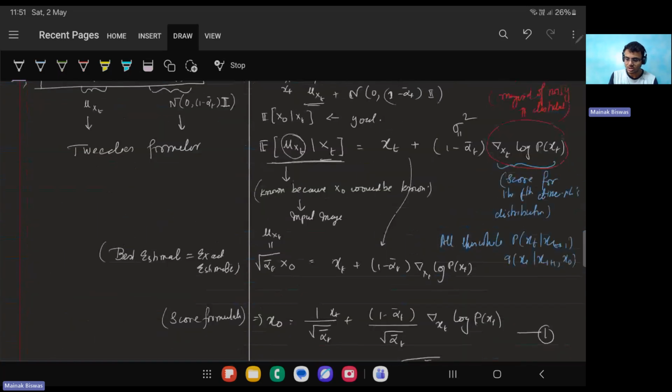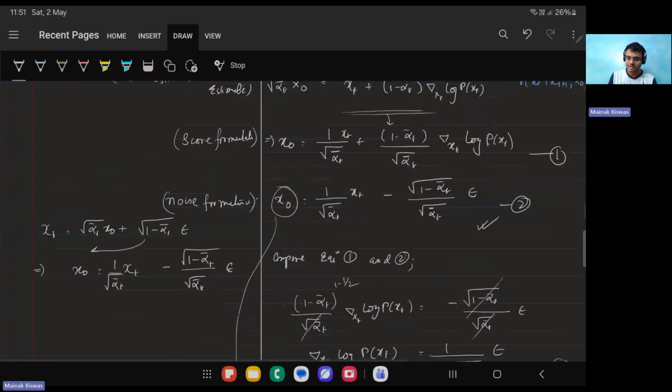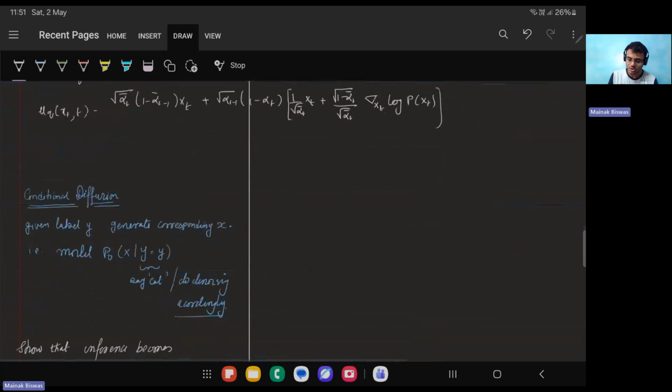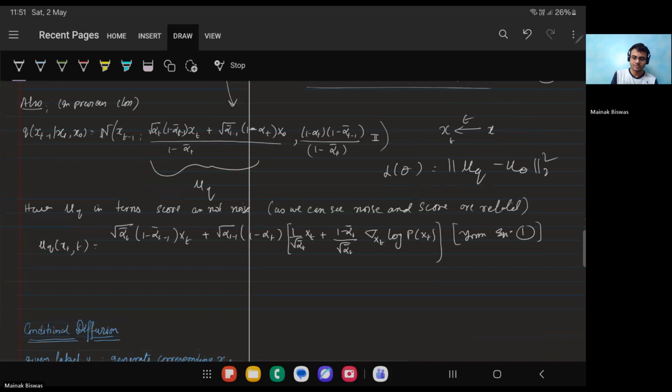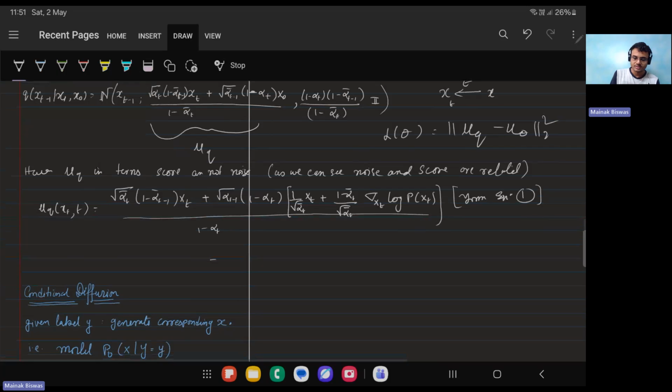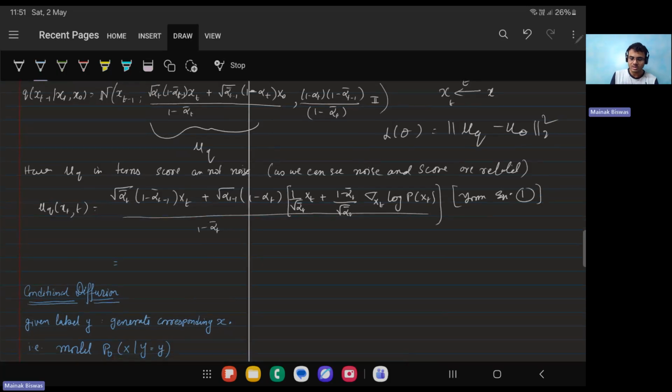The score function formulation is what we showed from equation 1, right? So this is from equation 1. Now once I do that, I have a division by 1 minus alpha t bar, so I can cancel this term out.